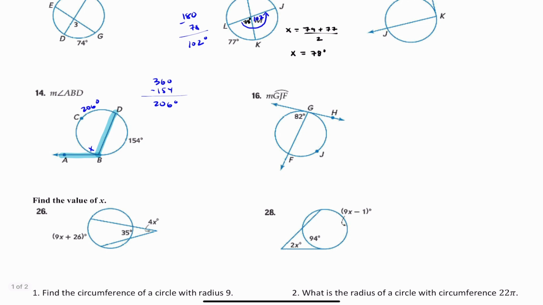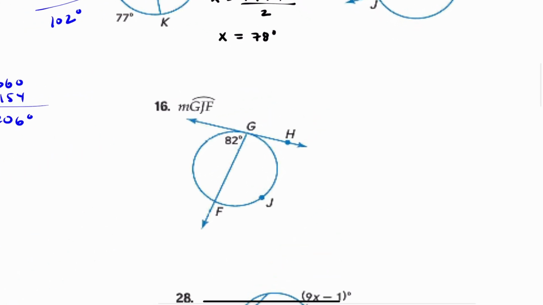And then what's GJF? GJF. Okay, that's my major arc here. Oh, sweet. So right here, that's like a linear pair.